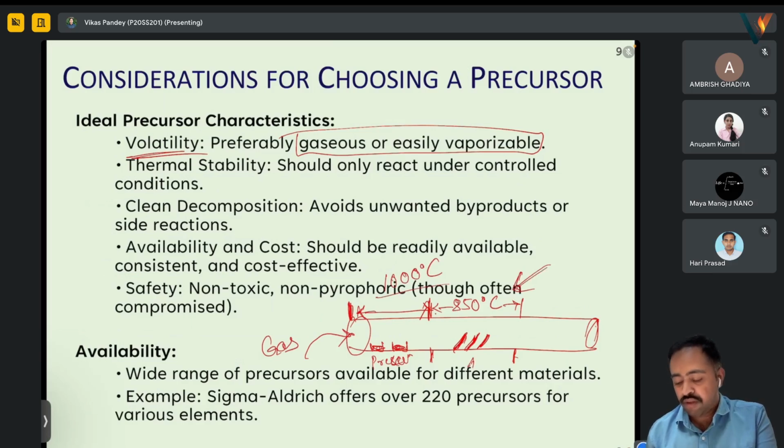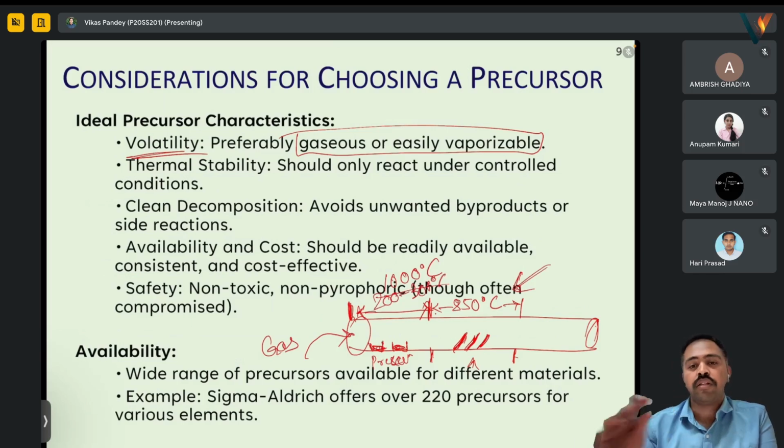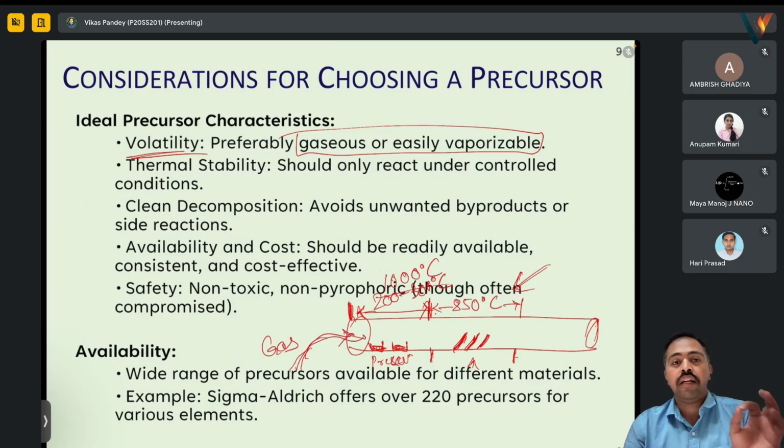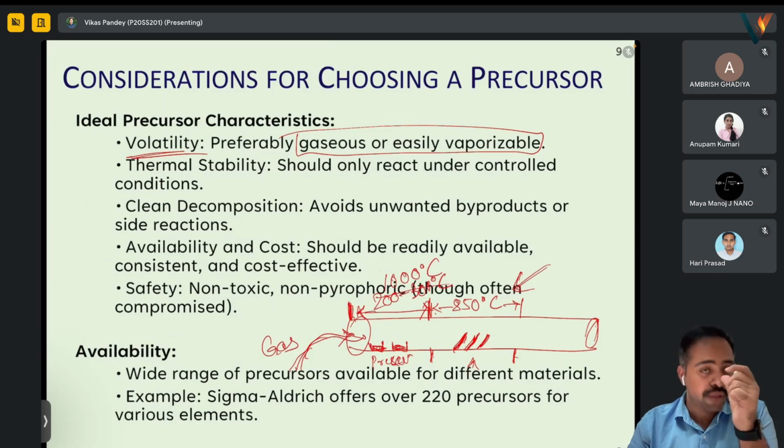In this area, the reactant itself will be at a higher temperature, and we will not get the optimal conditions. So it is better to have a low temperature, maybe 200 or 300 degrees Celsius, at which it will vaporize, or even lower than that. Or it should be in the form of gas, so we can directly put the gaseous form. That is the first preference of any precursor. That is why we cannot take any material as the precursor.